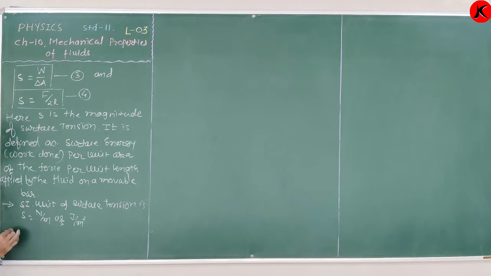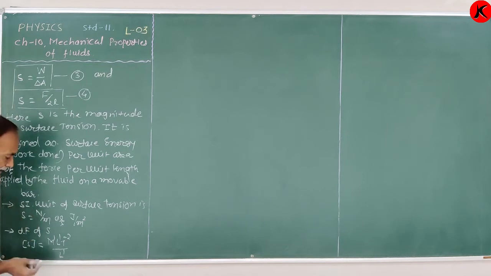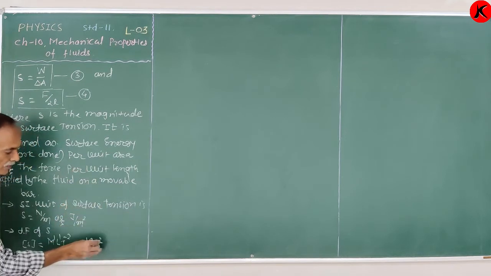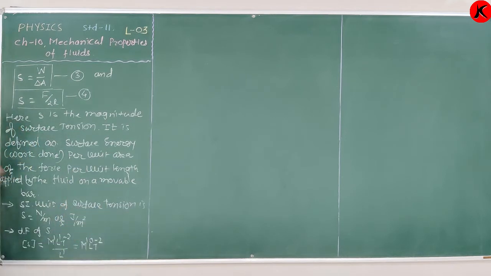Dimensional formula of S: Newton is M1 L1 T minus 2 upon L1. L1 is cancelled, therefore M1 L0 T minus 2 is the dimensional formula of surface tension.